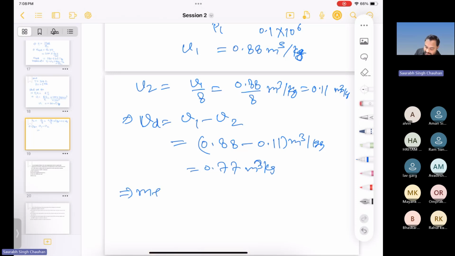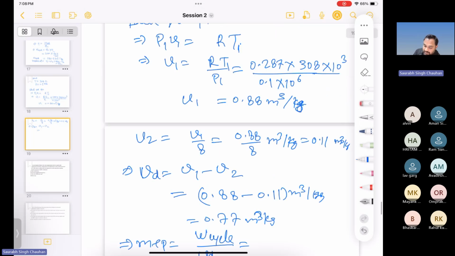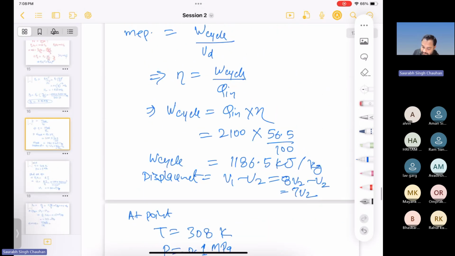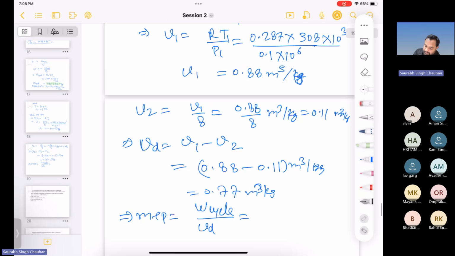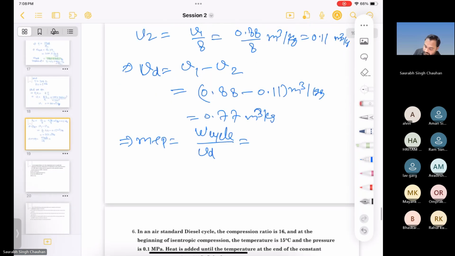And mean effective pressure is given by the work output of one cycle divided by displacement volume. And the work output of one cycle we have already calculated, right? This is 1186.5, divided by 0.77 meter cube per kg, and this was kilojoule per kg, right?